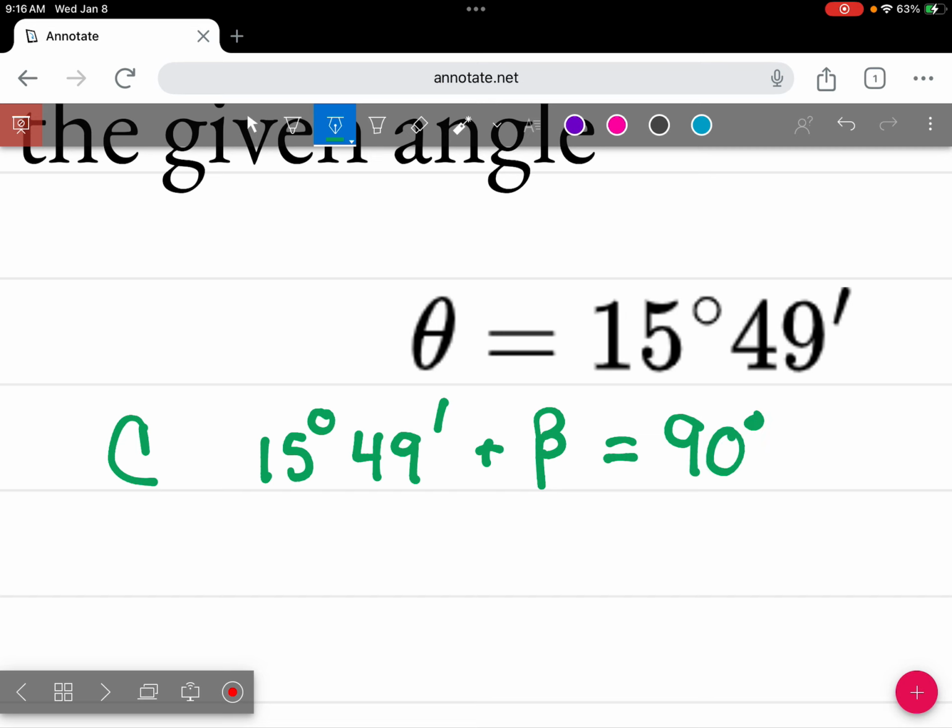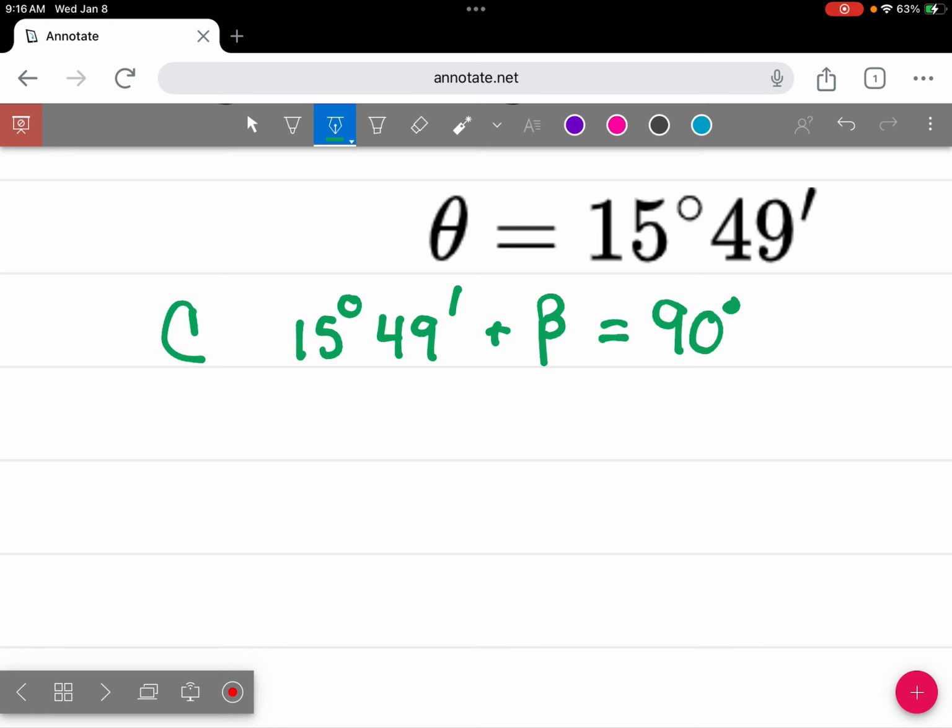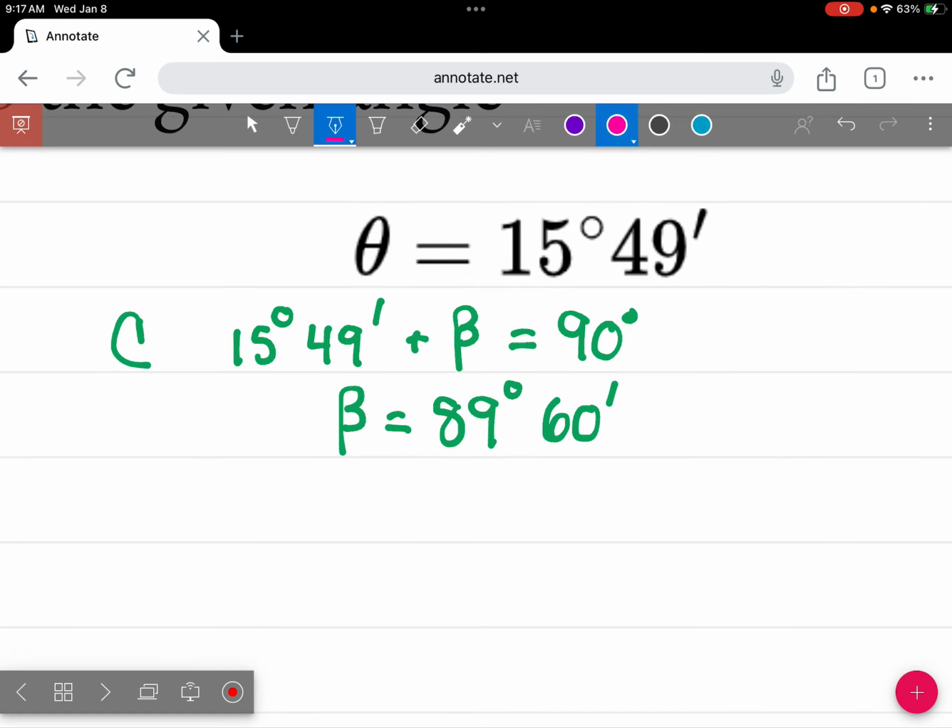But I've got those minutes, so the minutes doesn't super help when I've written it as 90, because we'd really like to just subtract it from the other side, right? Our angle is going to be that 90, but I don't want it as degrees. I want it as degrees and minutes. So I'm going to put this as 89 degrees, 60 minutes. That still equals 90. But to get our beta by itself, we're going to subtract our 15 degrees, 49 minutes.